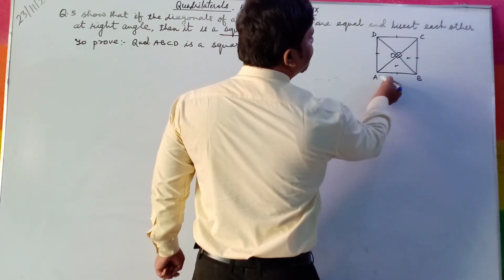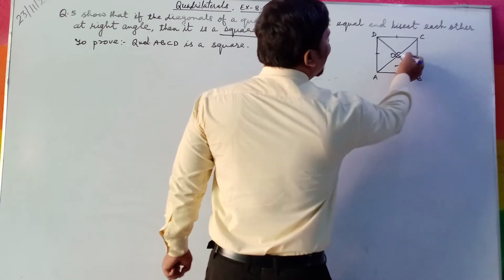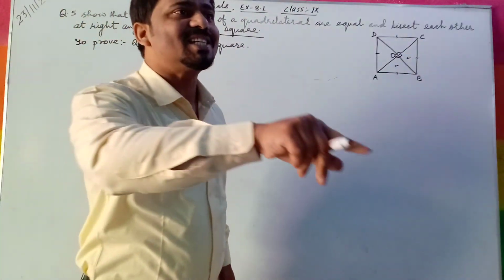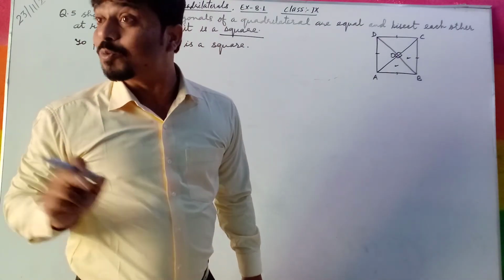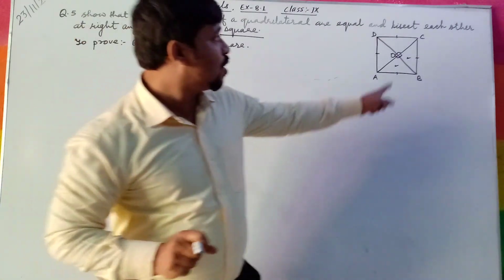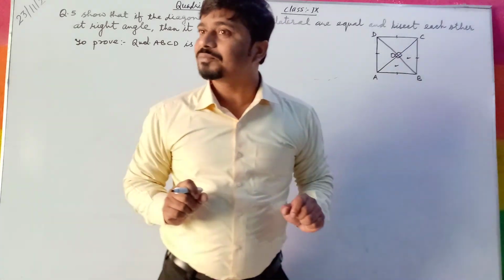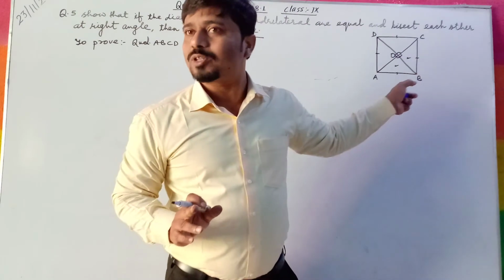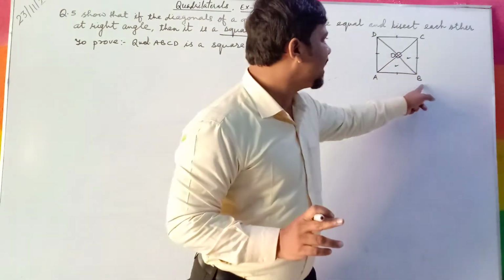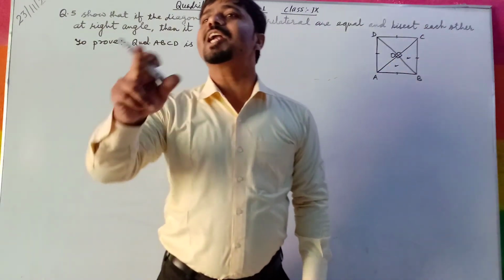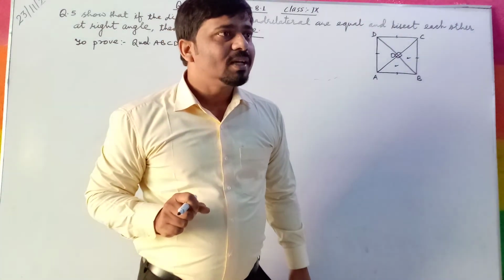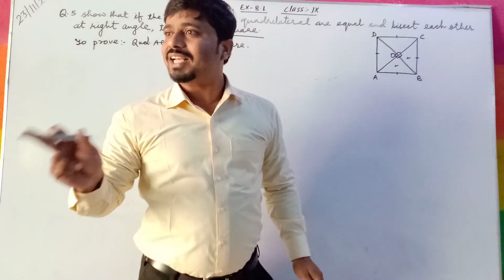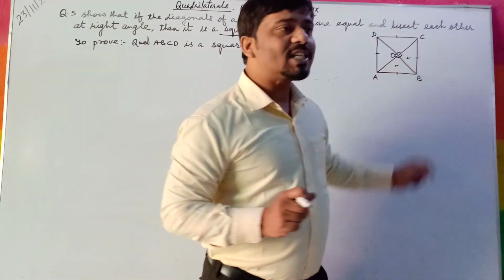You can see here OA equal to OC is given, because diagonals bisect each other at right angles. The word bisect is already given, so OA equal to OC. Clear? After that, OB is common in both triangles, and angle AOB equal to angle BOC, each 90 degrees. So by SAS congruence property, both triangles are congruent.